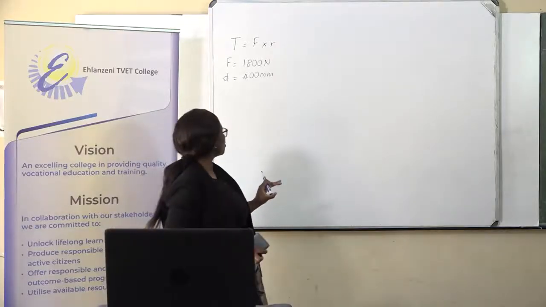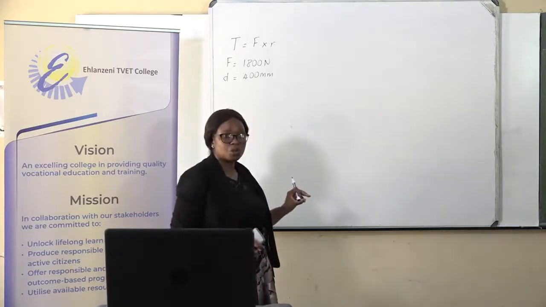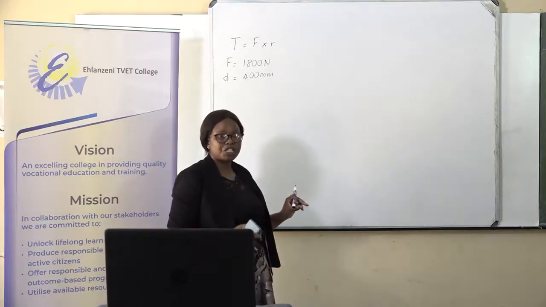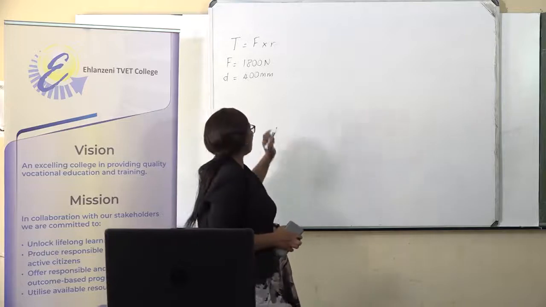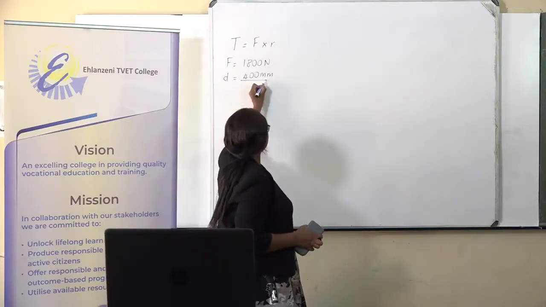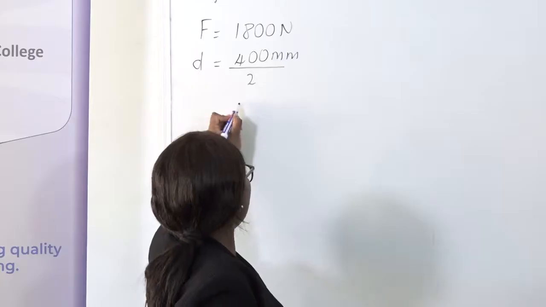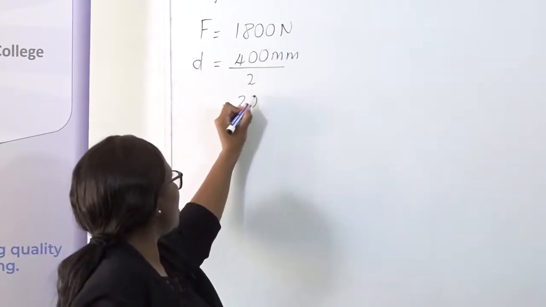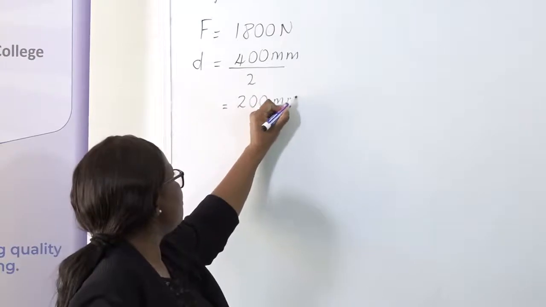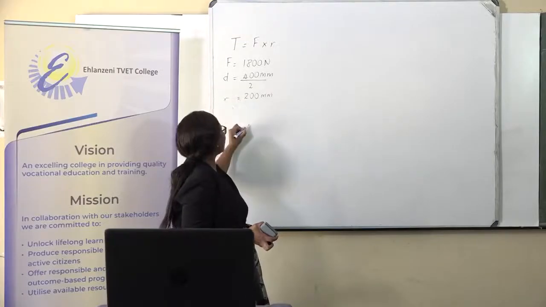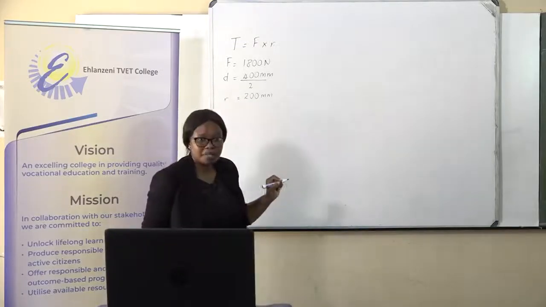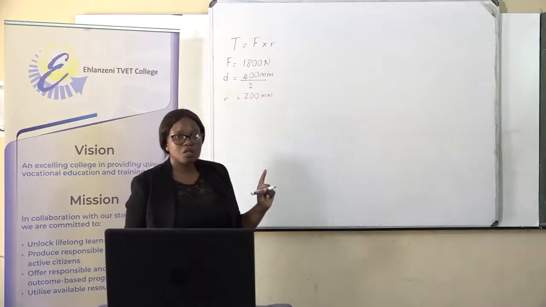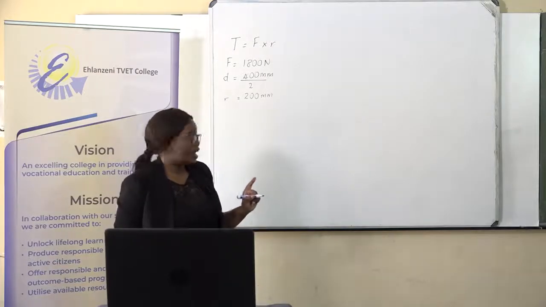So we need to change the diameter to radius. How do we change the diameter to radius? We divide 400 by 2. Then 400 divided by 2 is 200 millimeters. That's our radius.